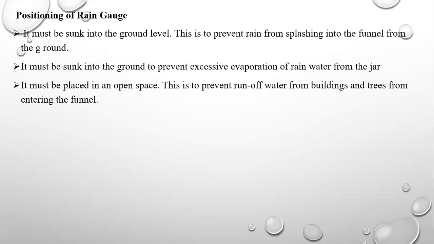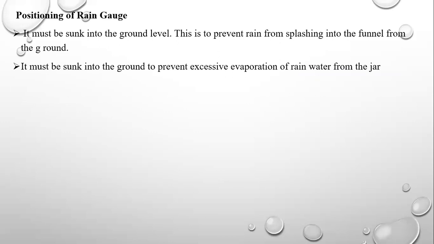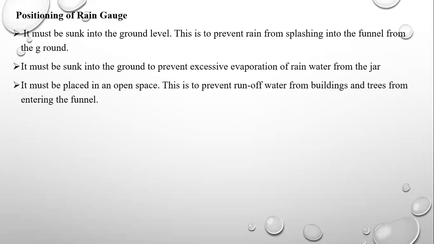Apart from that, it must be sunk into the ground to also prevent excessive evaporation of rain from the jar. So that's very important. It must also be placed in an open space. This is to prevent runoff water from buildings and trees from entering the funnel.